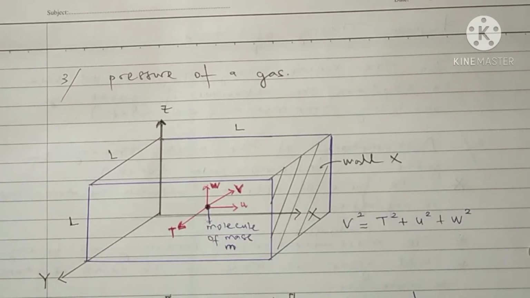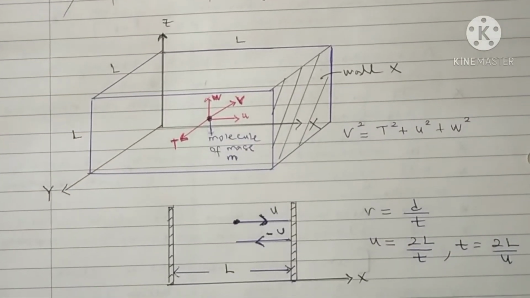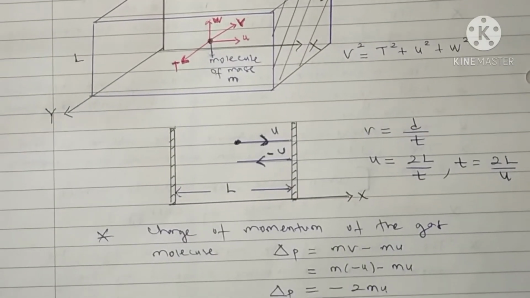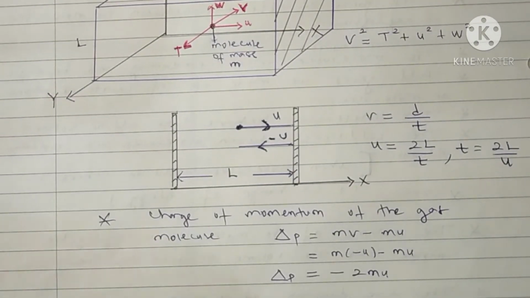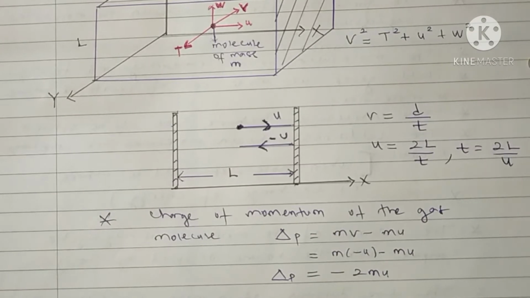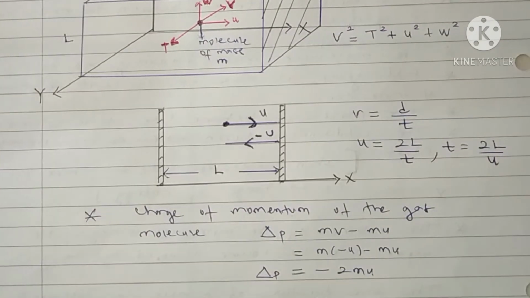Let us consider the component of velocity u towards the wall x. Since the collision of the molecule with the wall is perfectly elastic, the velocity after collision is negative u. So the change of momentum is negative 2mu.